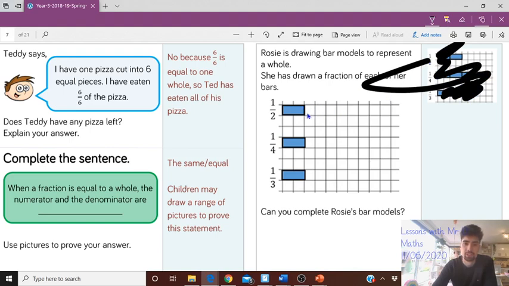How would you fill in the bars to show 1/2, 1/4, 1/3? Well, you're going to have to add some more bars in here to show 1/3. So I'll do the half one for you. So they've got to be equal, haven't they? I'll do that again. Make my pen a bit bigger.